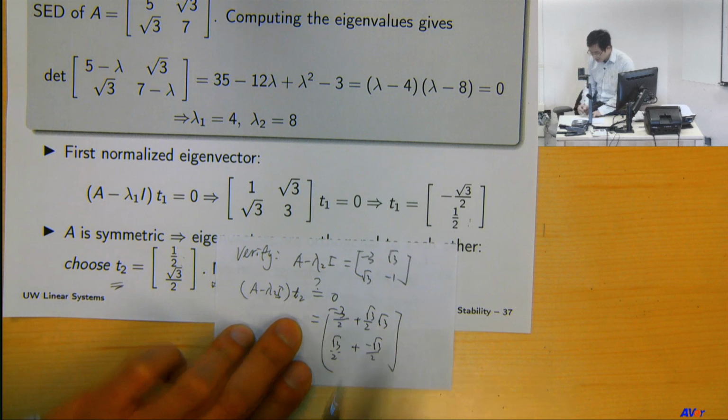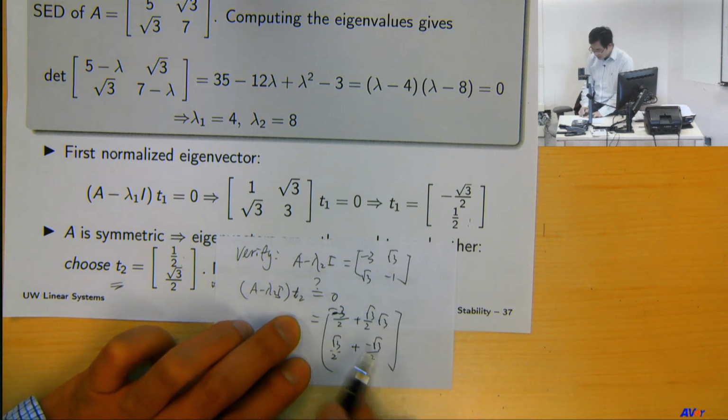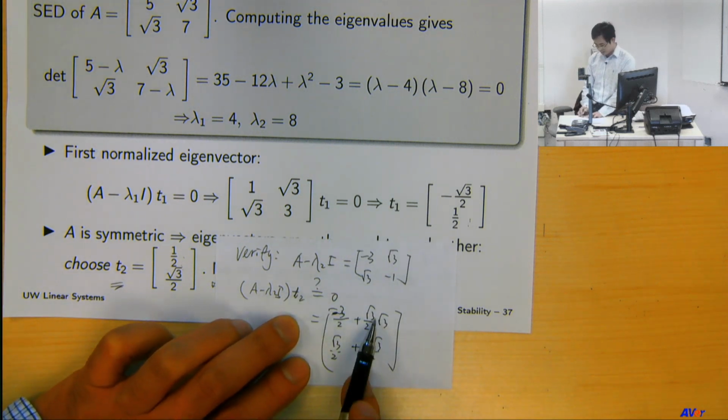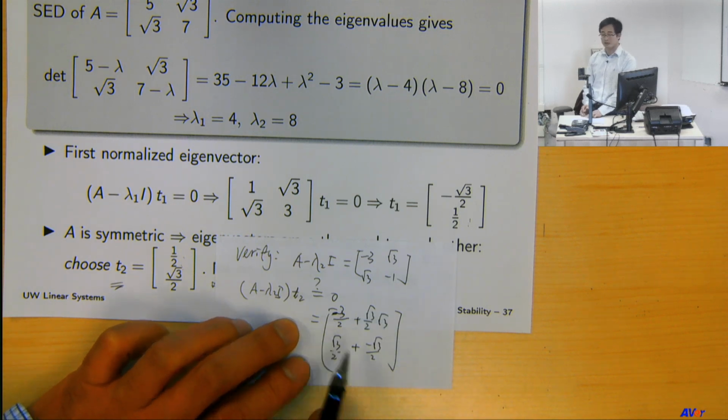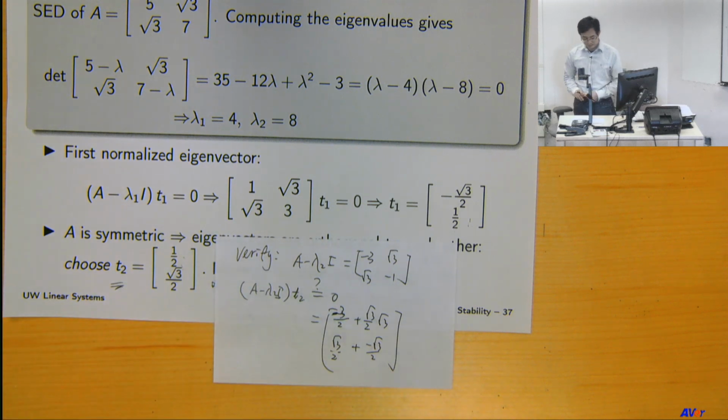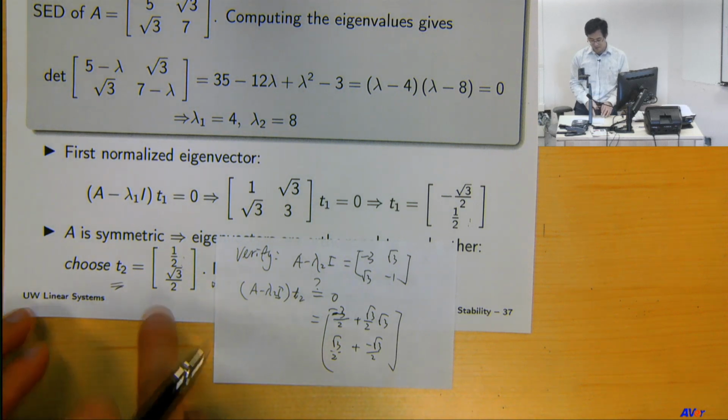So you got a negative 3 here, plus 3 here from this multiplication. And then you get negative sign here, positive sign here, so it's indeed 0. So that's a quick verification that this choice is accurate.